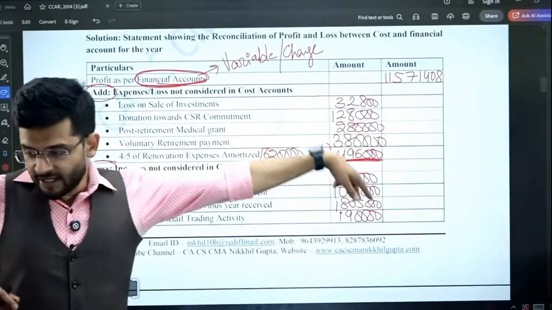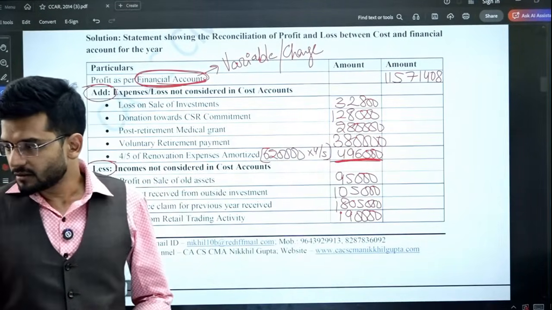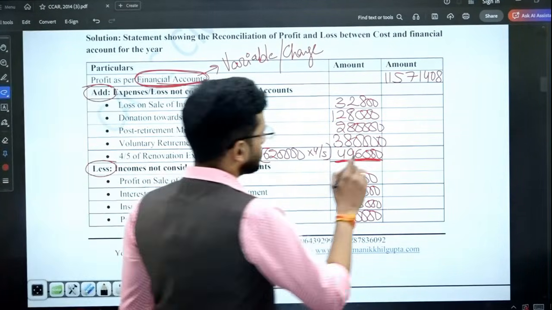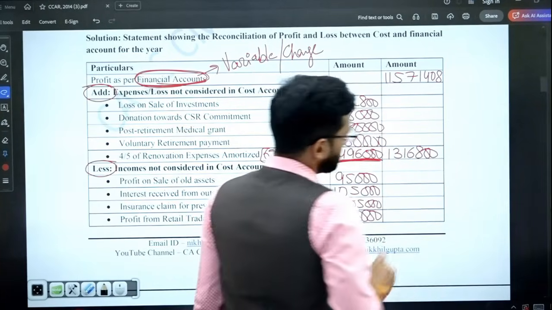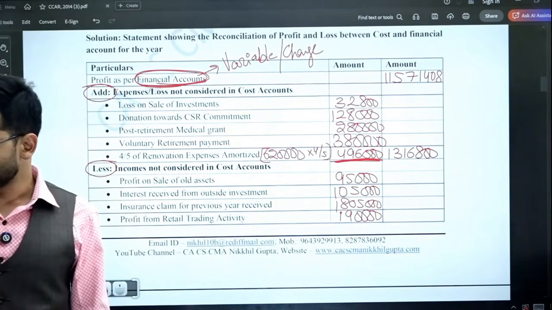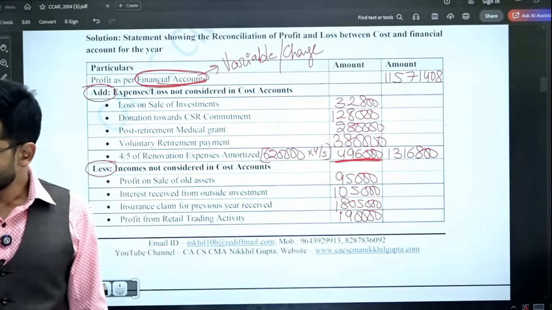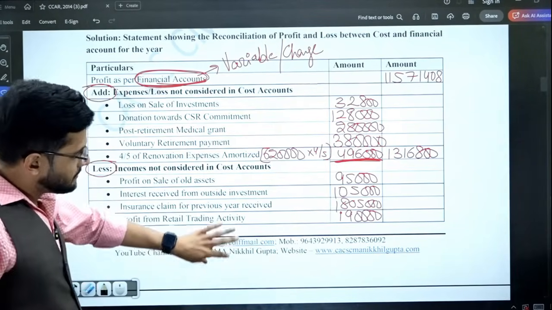Tell me total of additions. Total of additions, please tell me. This is the total of additions and total of subtractions.